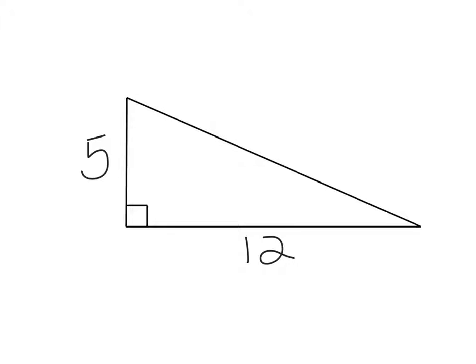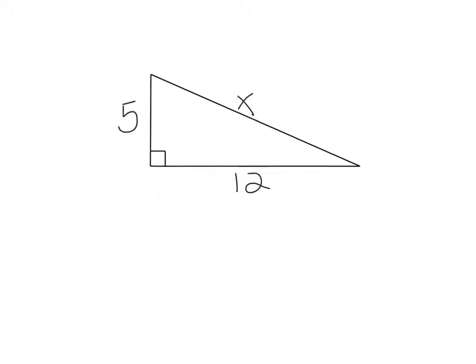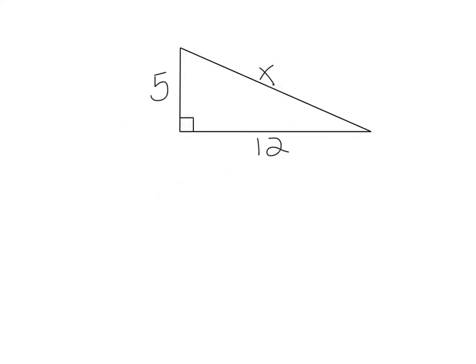All right, here we go. Well, I've got 5 as a leg, 12 as a leg, because those sides are both connected to the box, which means my last side is my unknown, and it's an x, and it is my hypotenuse. Pythagorean theorem is I take the 2 legs and turn them into squares. So the area of this square right here would be 5 times 5. 5 times 5 is 25.